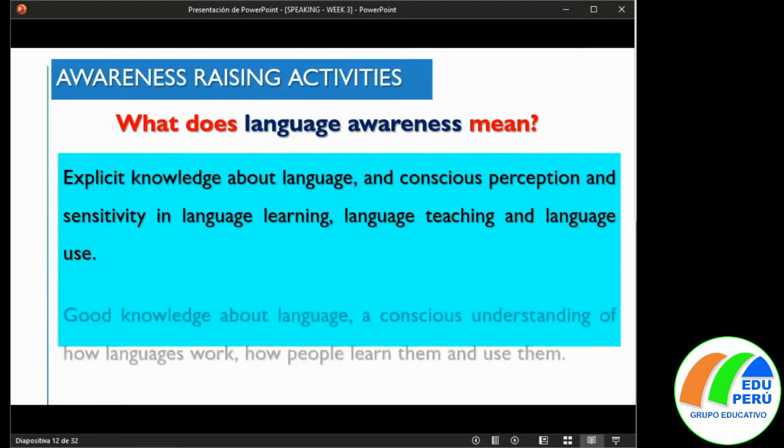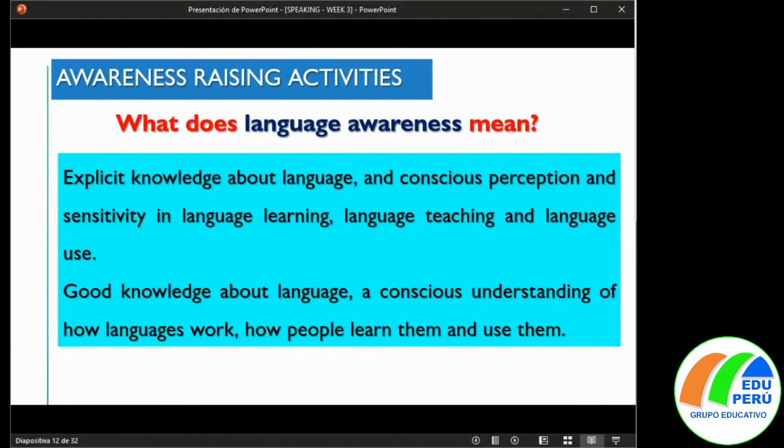Notice here. This is also referred to as good knowledge about language. A conscious understanding of how languages work, how people learn them, and how they use them.